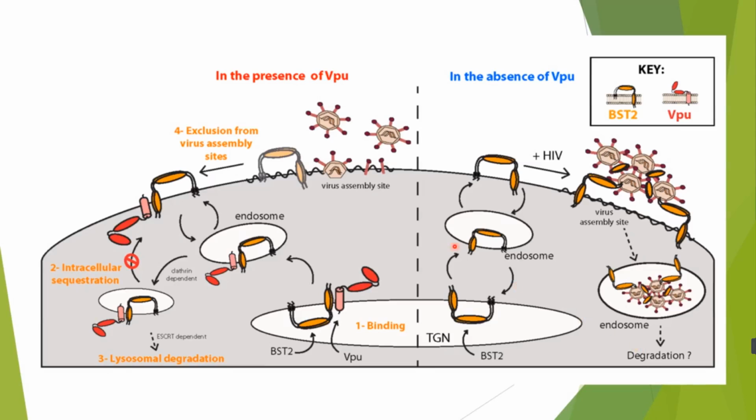In presence of VPU, which is a late-stage protein, tetherin does a couple of things. First of all, it interferes with membrane trafficking. That's key to the functionality of VPU. In this particular case, we're in the trans-Golgi network with VPU binding to tetherin within the trans-Golgi network.